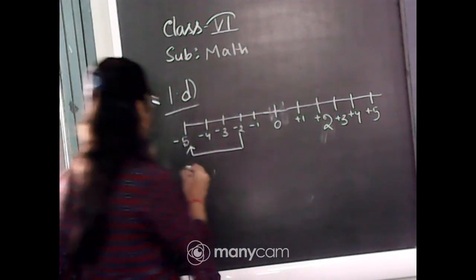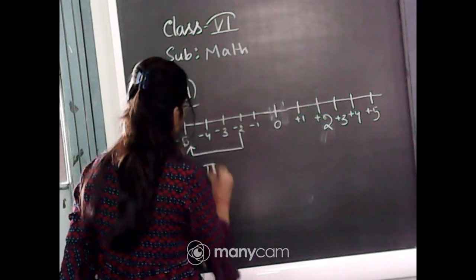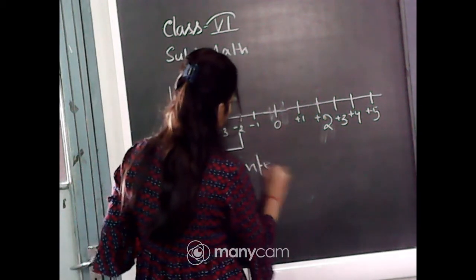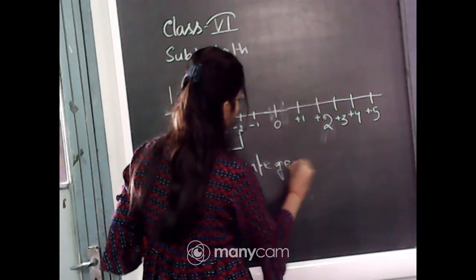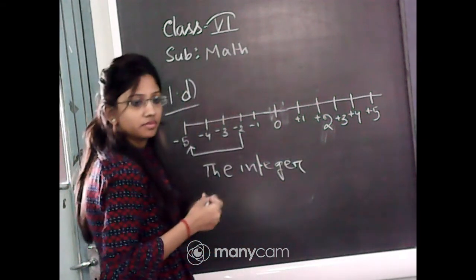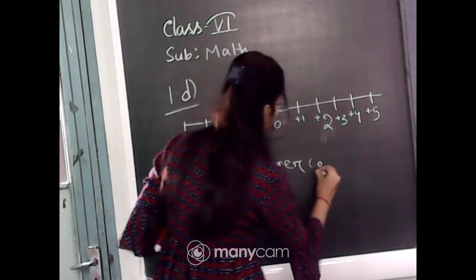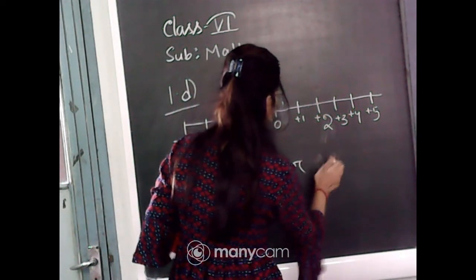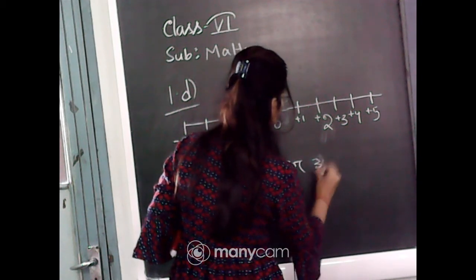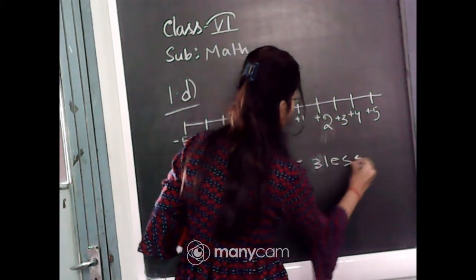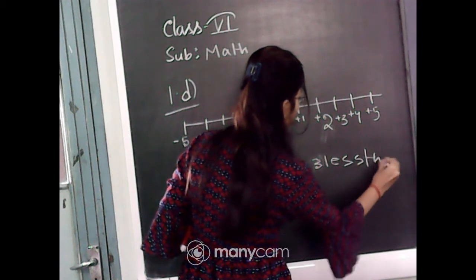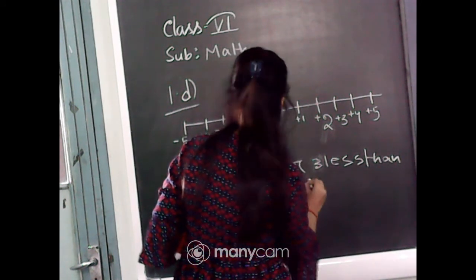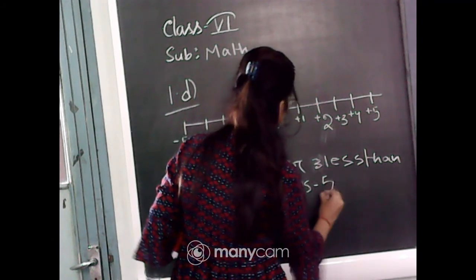So, therefore, the integer 3 less than minus 2 is minus 5.